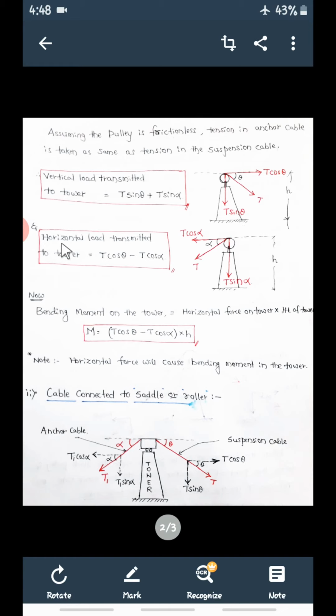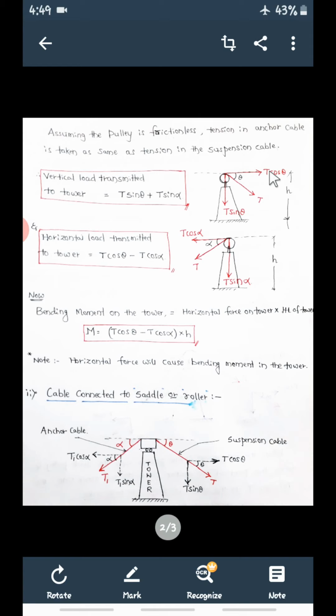Then similarly, what is the horizontal load to the tower? Horizontal load, what is it here? It is T cos theta, and from this it is T cos alpha. Now see, this is moving in this direction, this is moving in this direction, so I can take T cos theta minus T cos alpha.